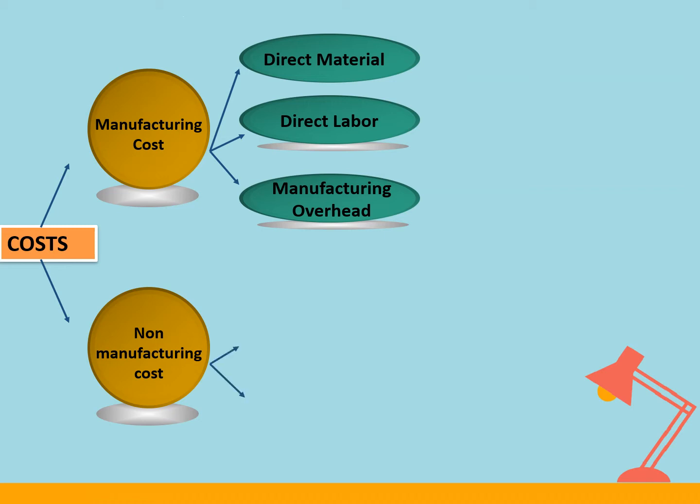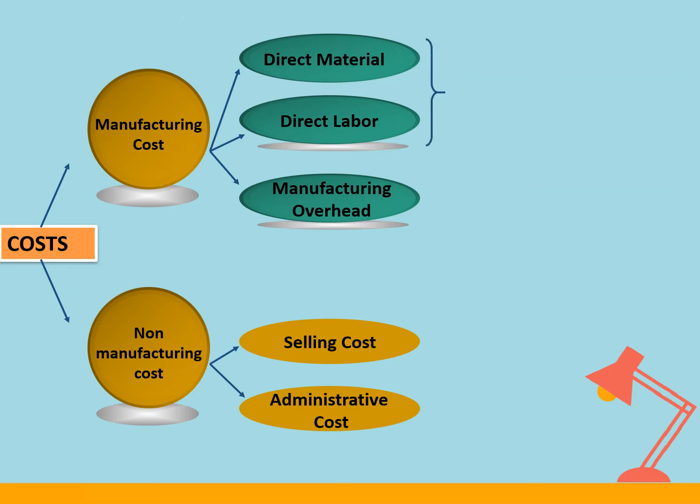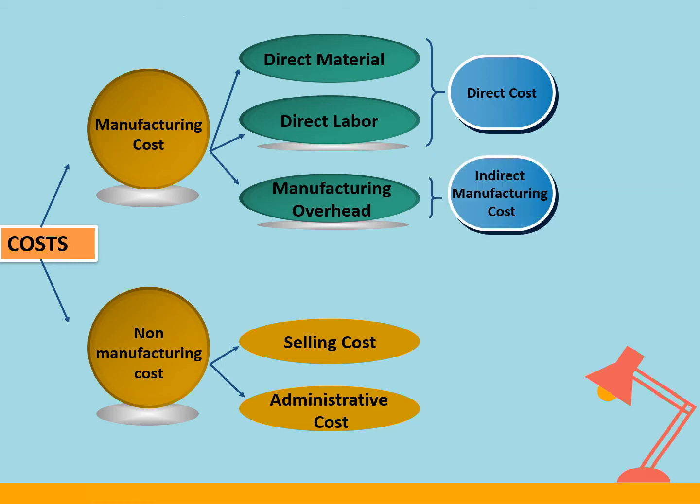While non-manufacturing costs consist of 2 costs: selling costs and administrative costs. Direct material and direct labor are direct costs, but manufacturing overhead is an indirect manufacturing cost.